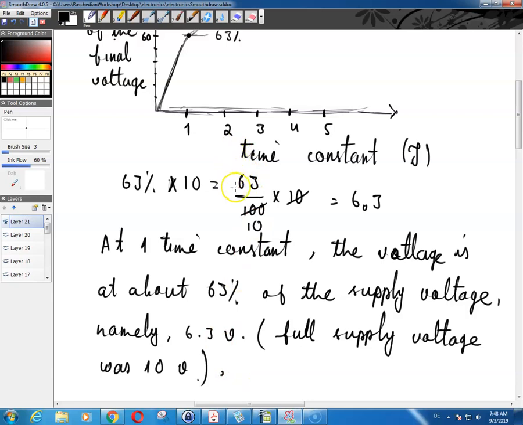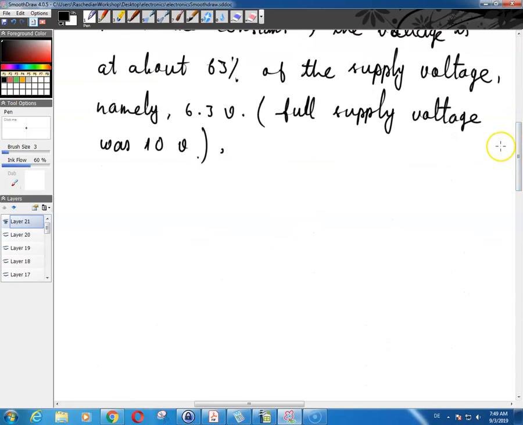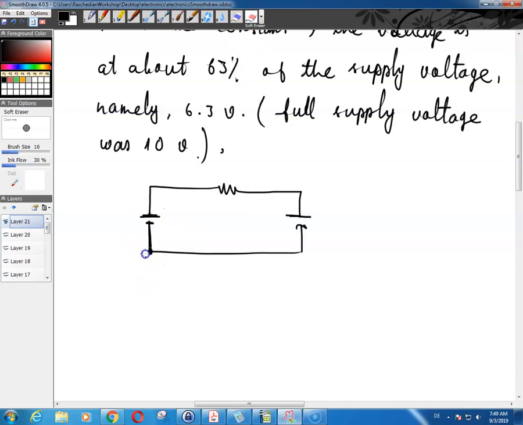So now, as we calculated here, the circuit was basically this power supply, some resistor and a capacitor over here, and back to the power supply.